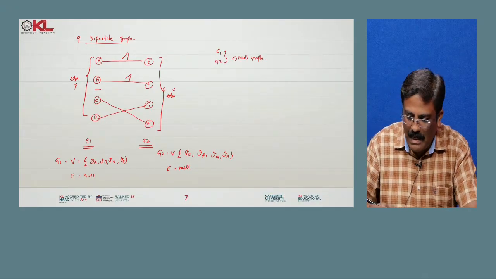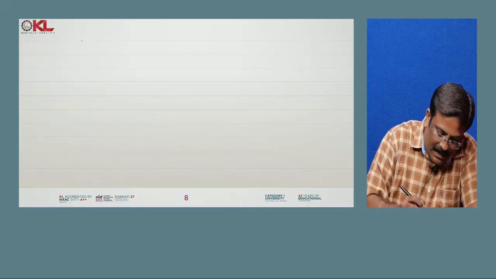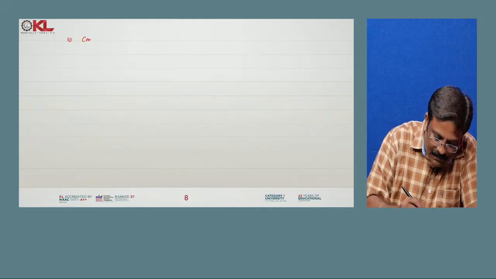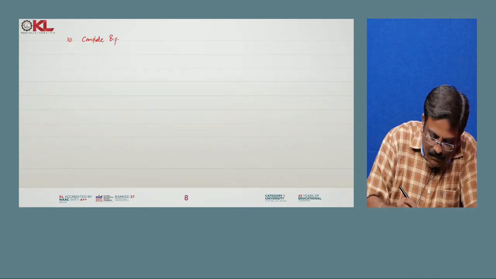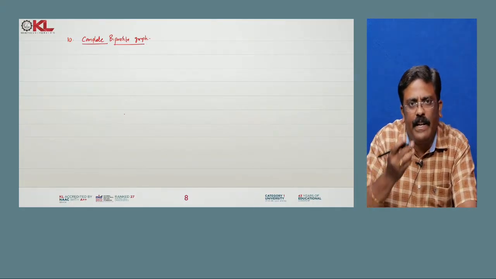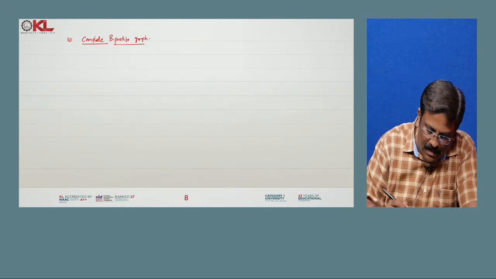Okay, the next category of graph is the complete bipartite graph.